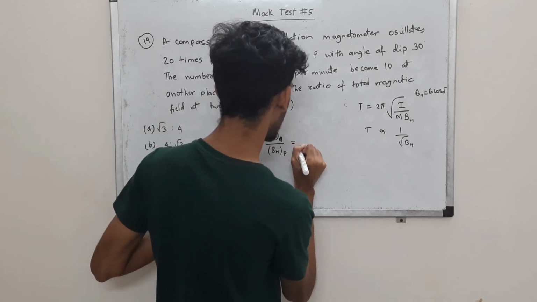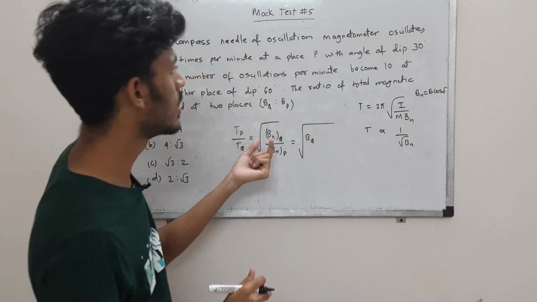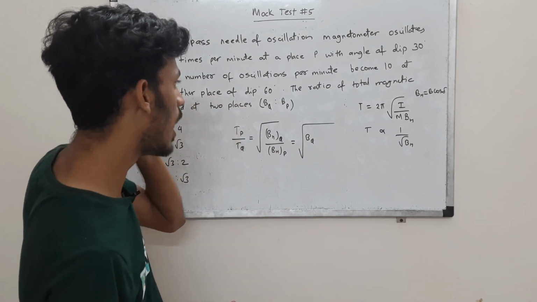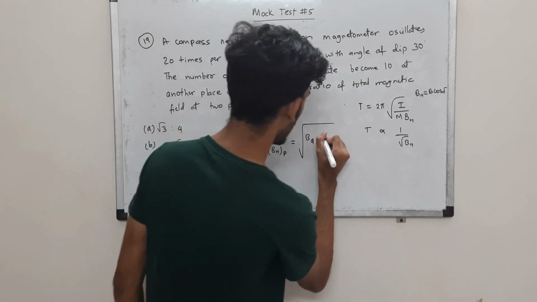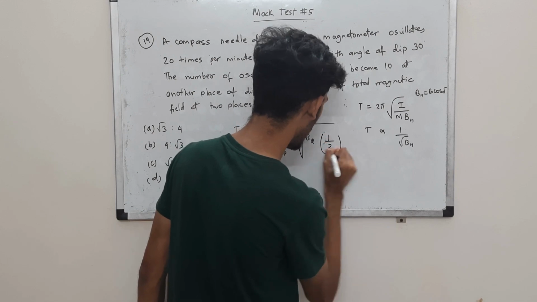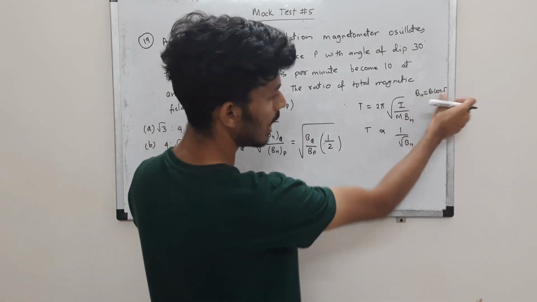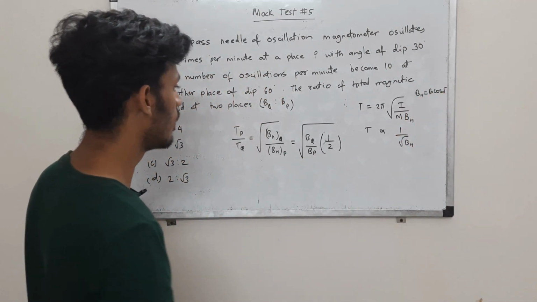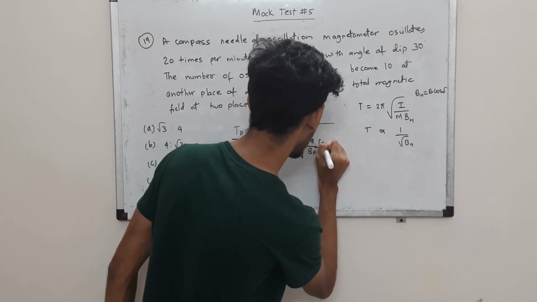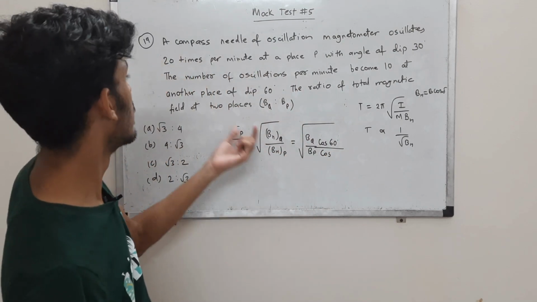Now we know that BH is B, here it will be BQ cos delta. So what is the angle of dip at place Q? Angle of dip at place Q is 60 degrees. So cos 60 is half. And here we'll have BP and again BP cos delta, so BQ cos 60 here and BP cos 30.